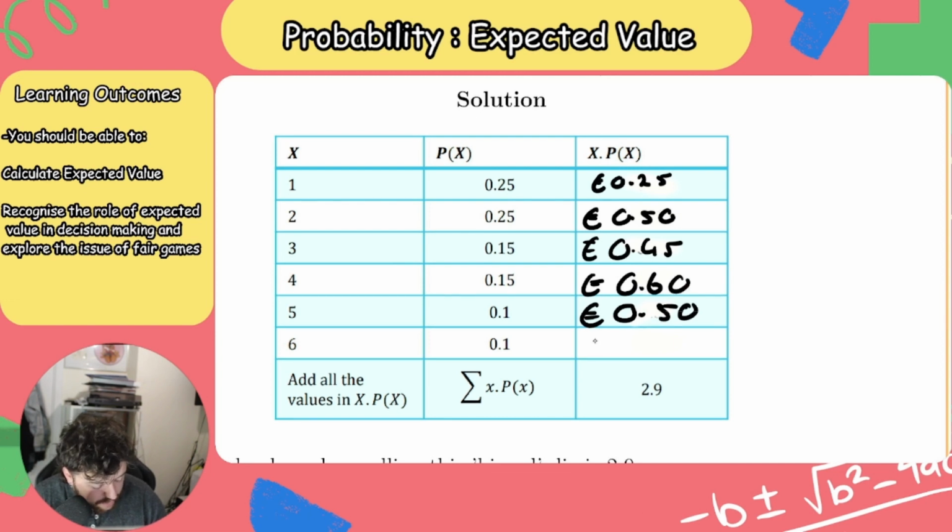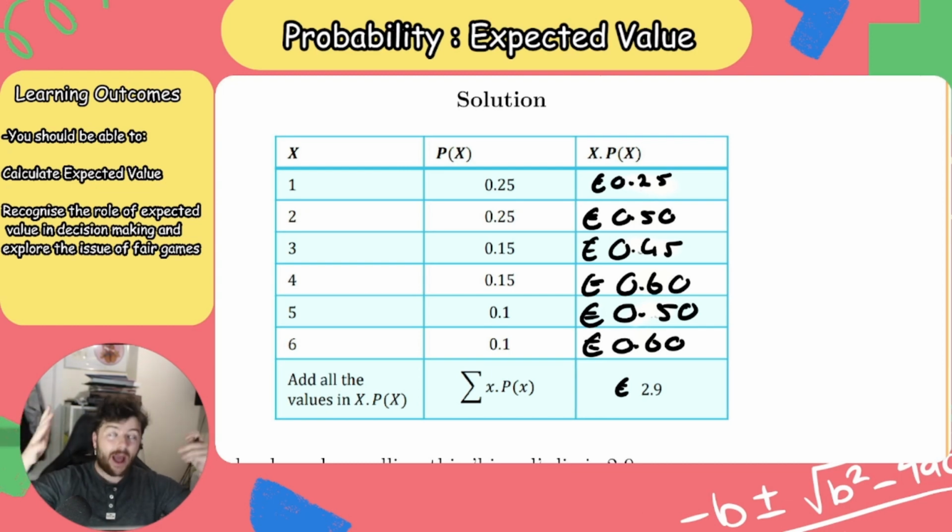And 6 times 0.1 is 0.60. If I add all these values up, 0.25, 0.50, 0.45, 0.60, 0.50, 0.60, I'm going to get 2.90. So if I were to play this game an infinite amount of times, I would expect to make on average €2.9.